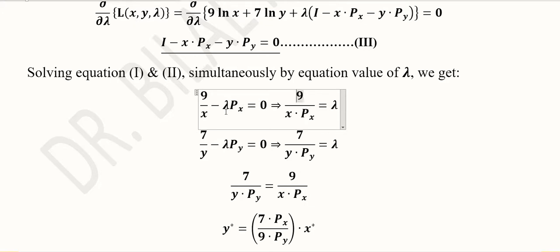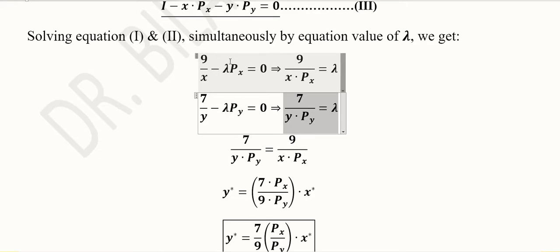Here the extracted value of lambda from the first equation is this, and this is the value of lambda from the second first order condition that we have developed in the last step. So these two can be equated, because both of them are equal to lambda.